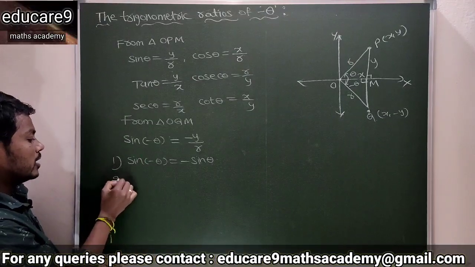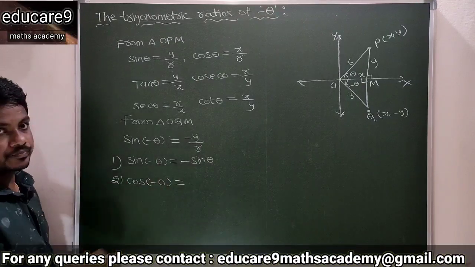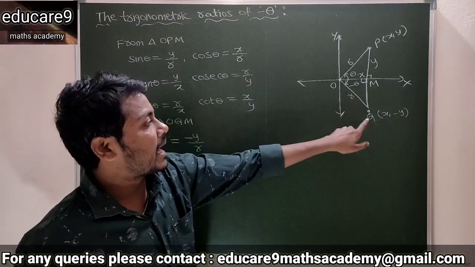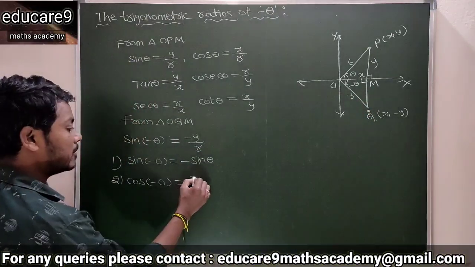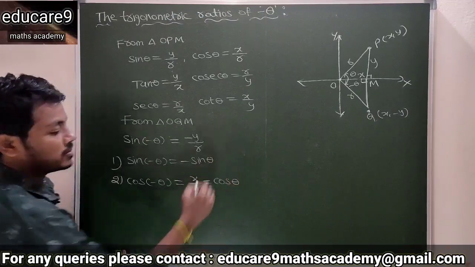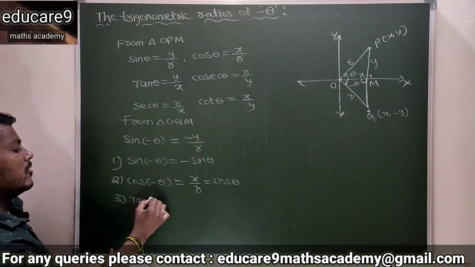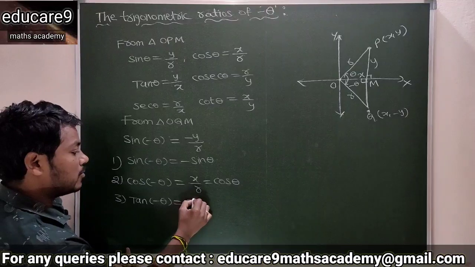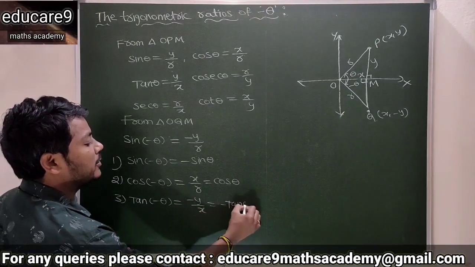So the second one, cos of minus theta. Here from triangle OQM, what is cos of minus theta? Adjacent side x by r. So clearly this is cos theta. And tan of minus theta, you will get minus y by x. This is minus tan theta.